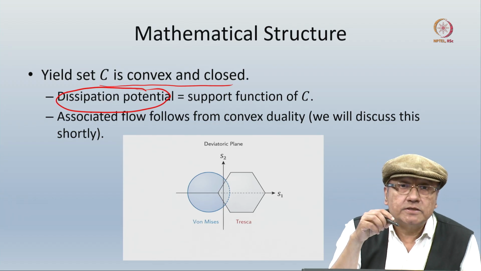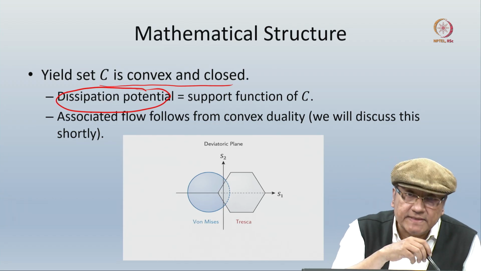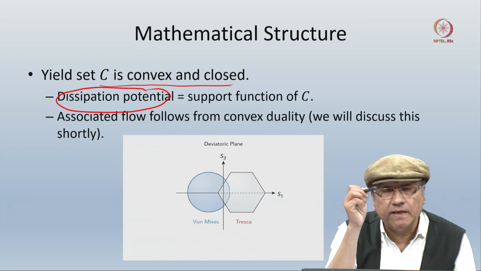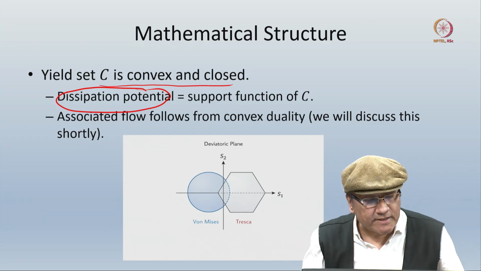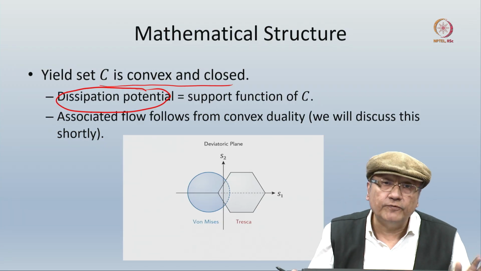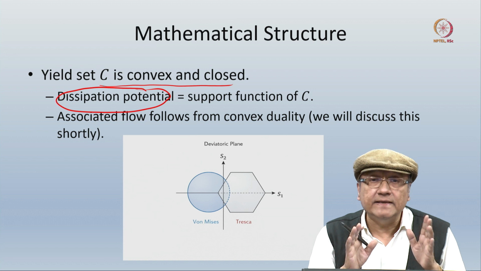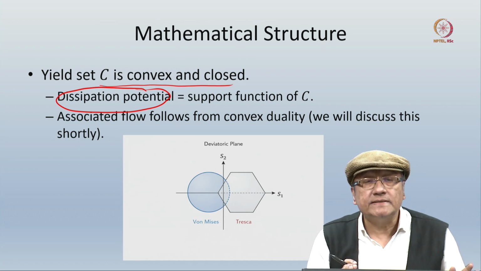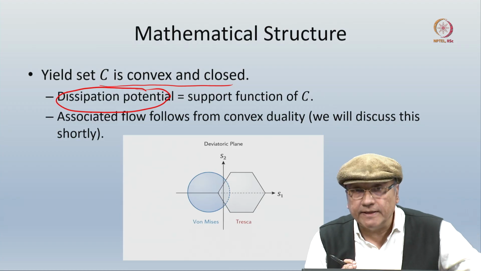So we will also be discussing soon, not in this class, the normality rules and the associated flow. When we discuss the flow rule, so far we have been discussing only the yield surface. Now the yield surface is in the stress space, as I have been telling you.